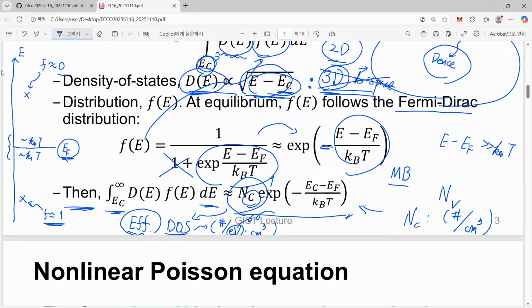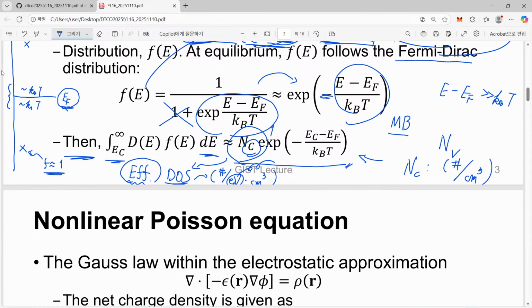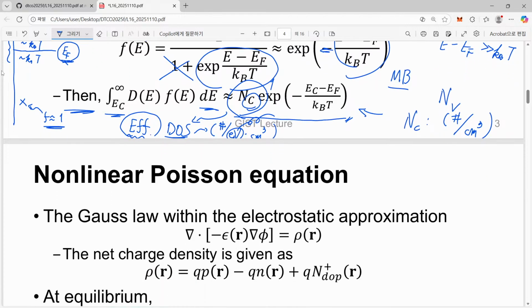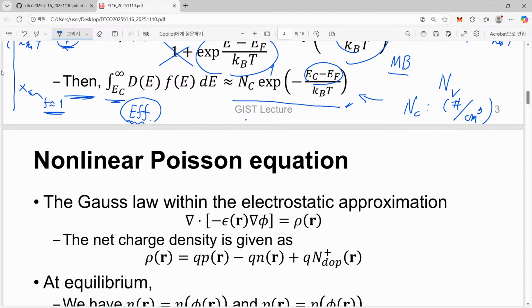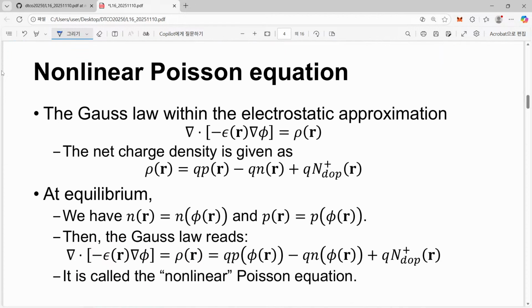They share the same dimension here. Anyway, the good news for this kind of study is that now we can express our electron density simply as a function of EC minus EF, which really determines the electron density. That is really good, because let me emphasize its significance here.